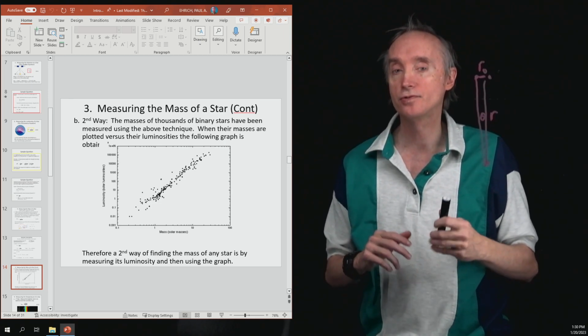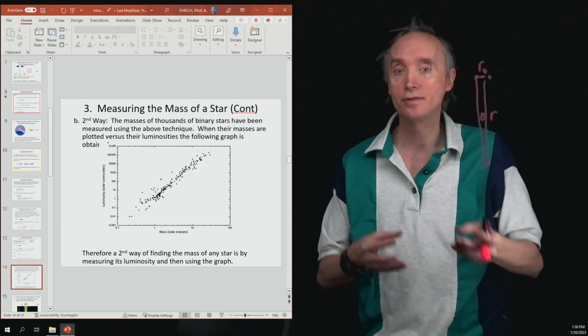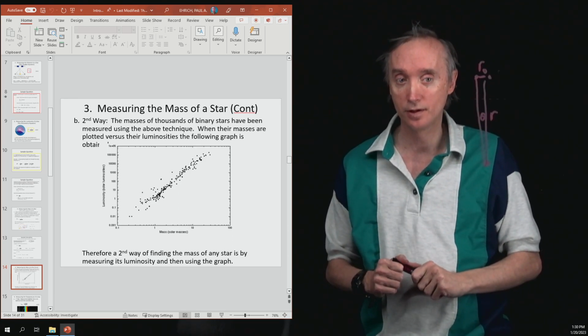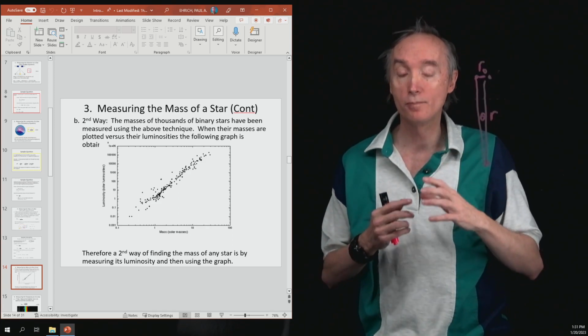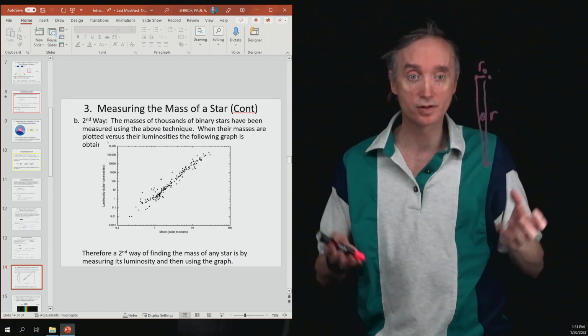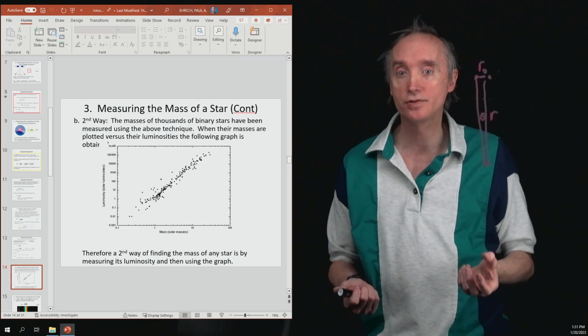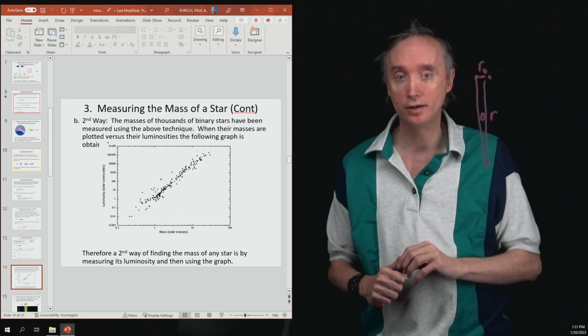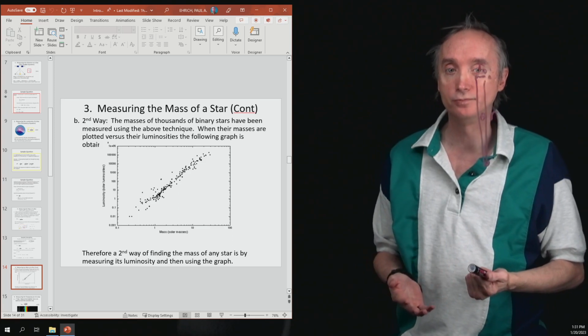So that tells you there's a relationship between the mass of a star and the brightness of a star, which you would expect, because the more massive the star, the more nuclear explosions it's going to have, and the more nuclear explosions it has, the brighter the star is going to be. So there's a relationship. So what does an astronomer do?